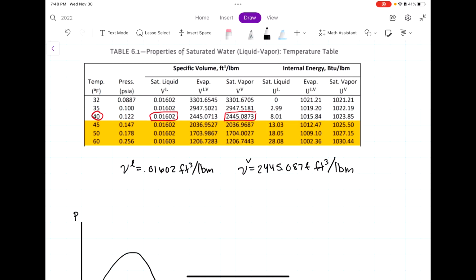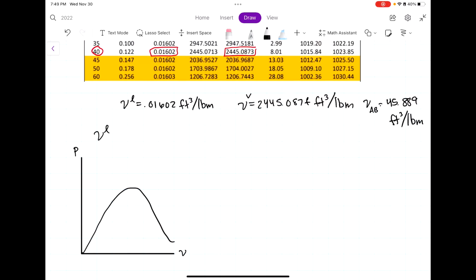And our specific volume is 45.889 feet cubed per pound mass. Since our specific volume value lands in between the saturated liquid and saturated vapor specific volume values, that means it is a saturated mixture.